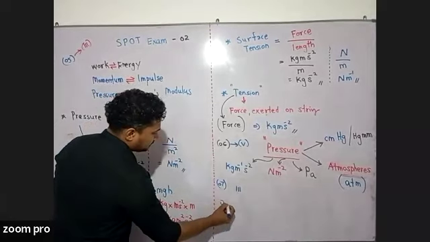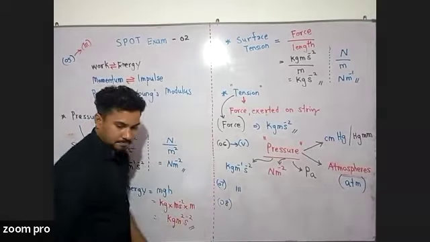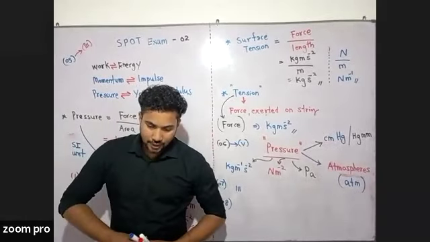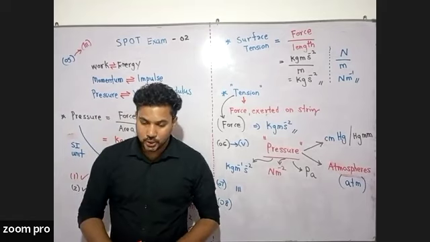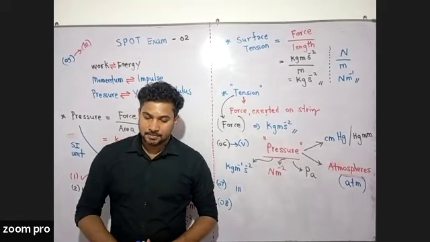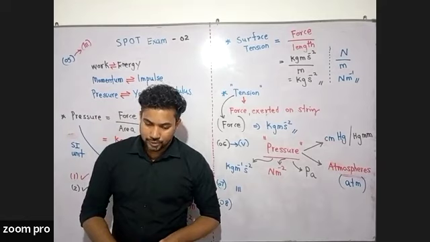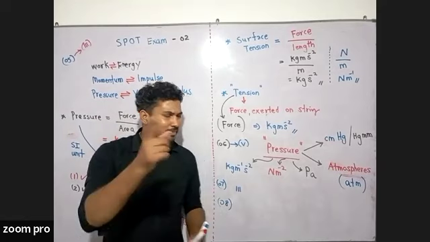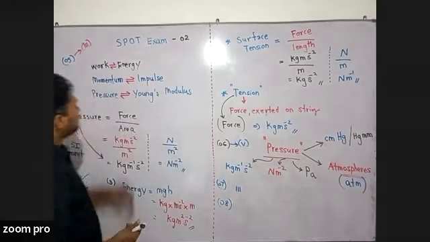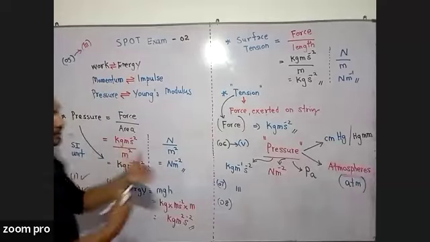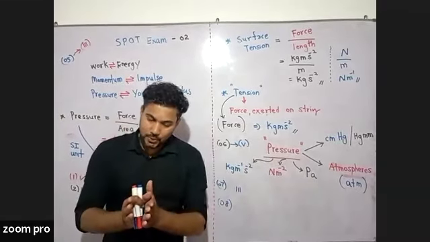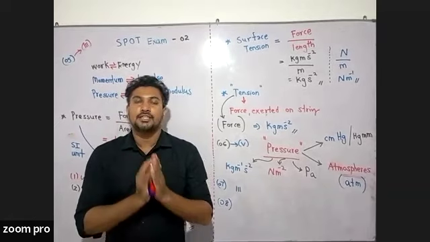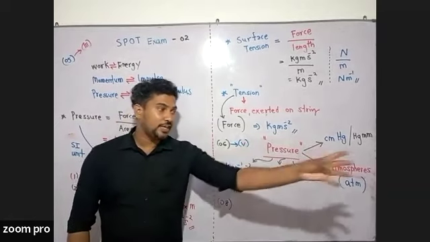In the eighth question, which of the following are usually measured by J? J means joule, right? So work done by force. I mentioned to you that work and energy have an equality. That means the unit which is used to measure work can be accepted as a unit of energy.